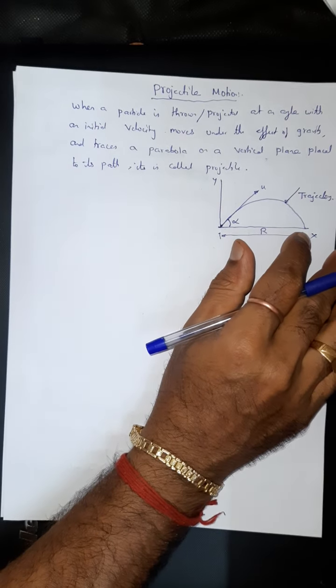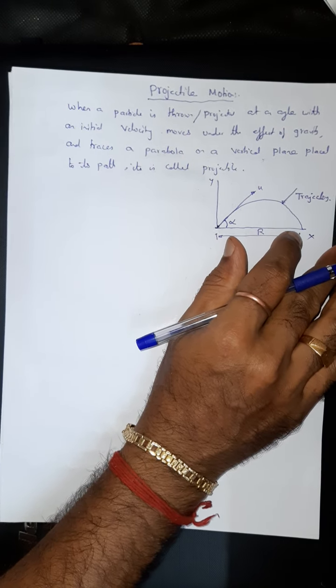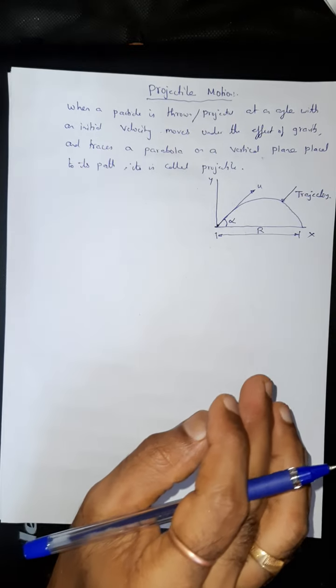So projectile is a freely projected particle which moves under the combined effect of vertical and horizontal motion.